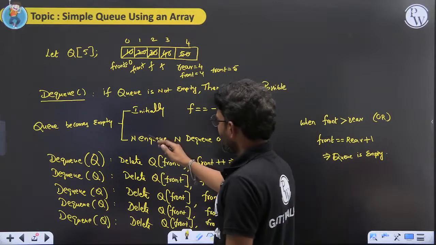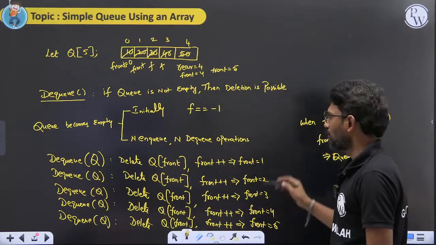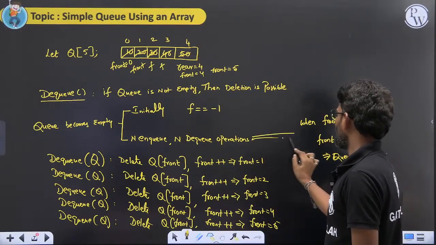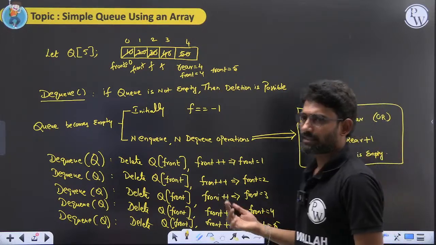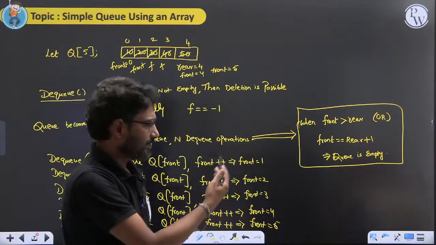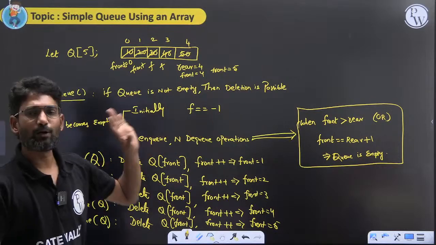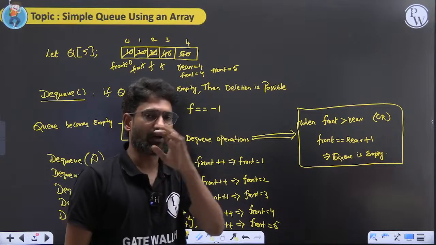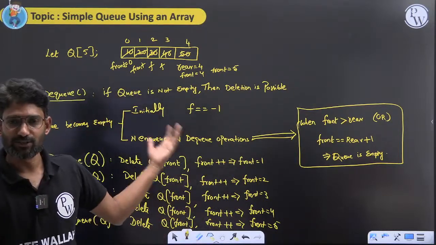So if you do enqueue operations and dequeue operations, then also the queue becomes empty. By using either of these conditions, front greater than rear or front equal to rear plus 1, we can check if the queue became empty or not in the process in the middle, not initially.